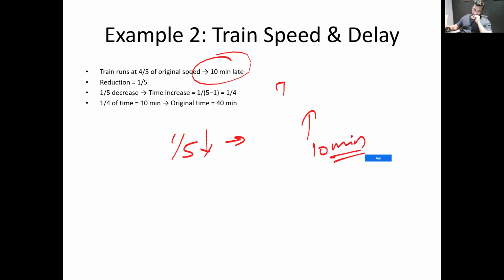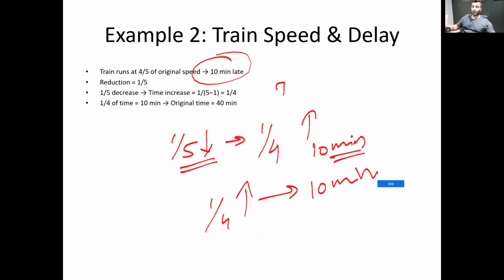Now listen. Here, this needs to be very carefully understood. So 1/5 reduction in speed will lead to how much decrease in time? 1/5 reduction. The other one will increase. Since it is a reduction, -1. So this will lead to 1/4 increase in time. So 1/4 increase in time is actually 10 minutes.